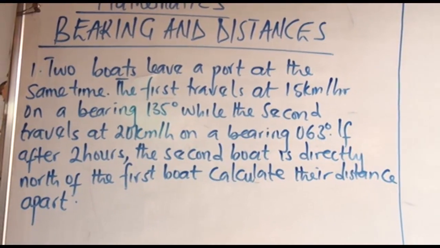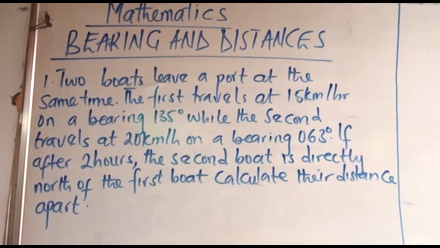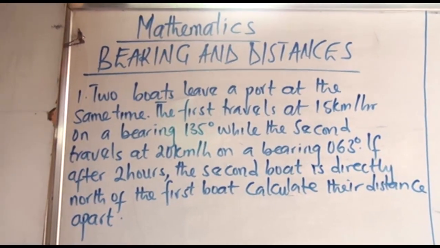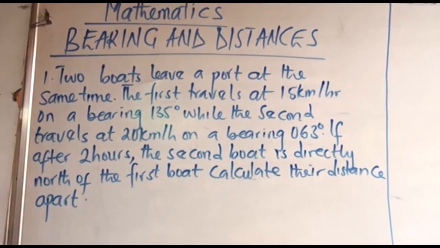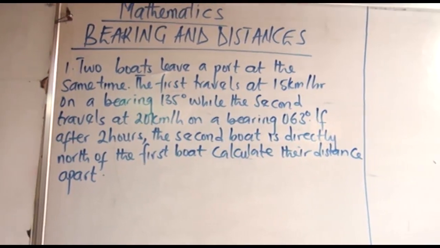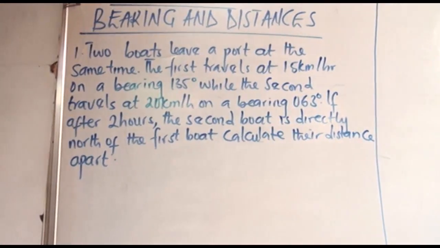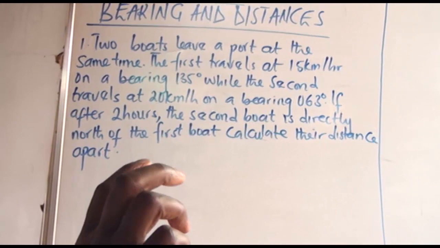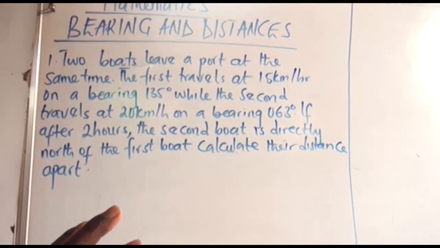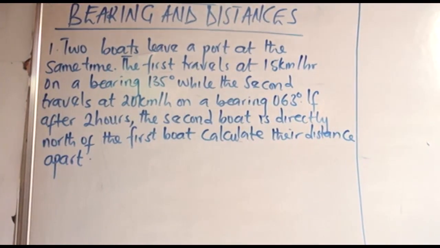Some of my students brought this to me and asked me to do justice, and they asked me to video it: bearing and distance. How do you go about this? Bearing and distance talks about the measurement of angles between two places or regions.